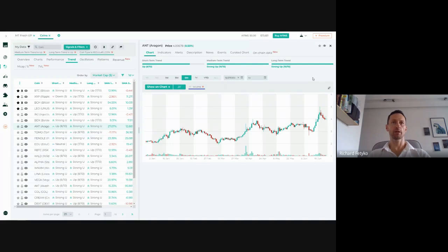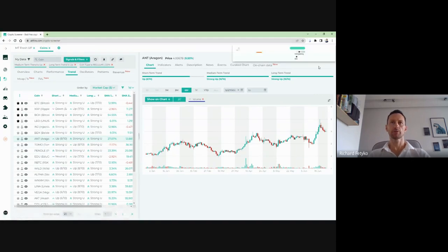Now, where is the support and resistance in here? I'm going to use this tool here to demonstrate that. Support, I think, is easy, right? It's where the price has found the bottom, and ideally where the price has found the bottom on more than one occasion. As you can see, the price found the bottom here back in January, and then it rallied. Then it came back to that same level, about $2, bounced and rallied.